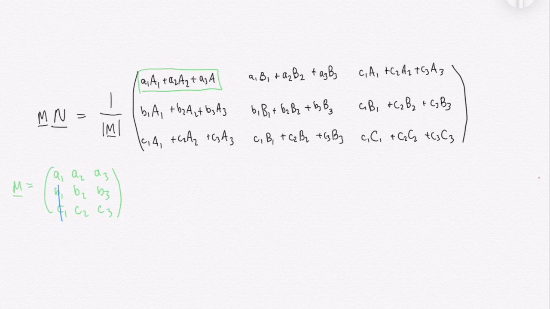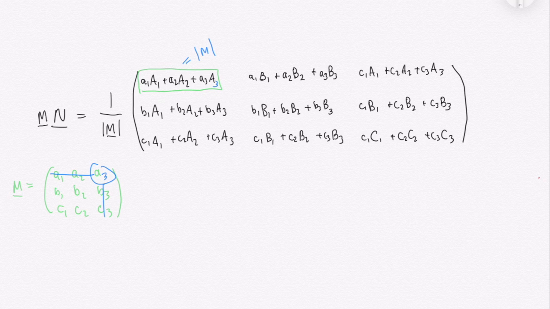And then a2 multiplied by the cofactor A2, which is negative the determinant of the elements b1, b3, c1, c3. And finally we have a3 multiplied by the cofactor A3, which is the determinant of the elements b1, b2, c1, c2. Well, notice all you have done there is expanded the determinant of M by the first row. So this element here in the top left is just the determinant of M.